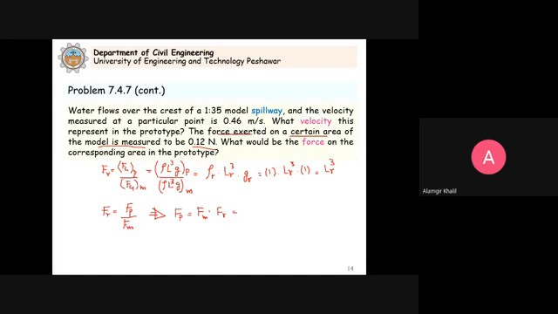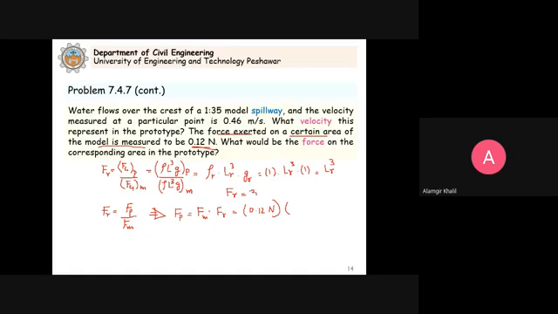So what is Fm? It is 0.12 Newton. And we have the scale ratio that you need to calculate. So what is the scale ratio from here above? Fr is equal to LR cube. Clear?